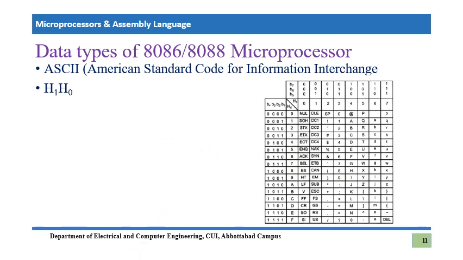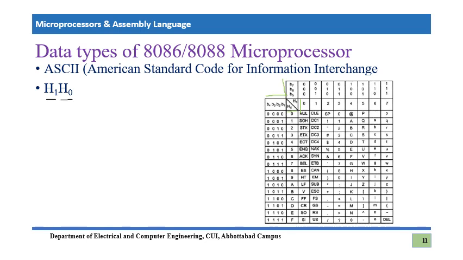The format is H1 and H0. What are H1 and H0? They are given here in this table. This row is H1 and this row is H0. H0 is a composition of B4, B3, B2, B1, while H1 is a composition of B7, B6, B5.